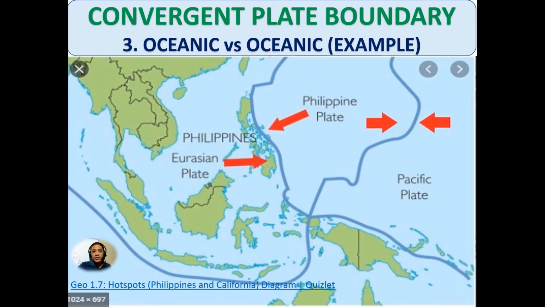Another example is our Philippine Islands. As you can see in our map, the Philippine Oceanic Plate converges with the Pacific Plate. At the same time, the Philippine Plate converges with the Eurasian Plate.